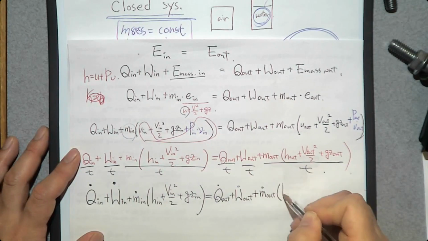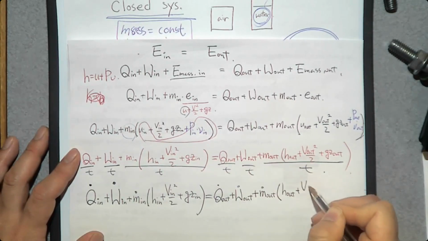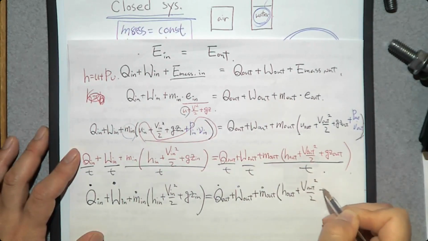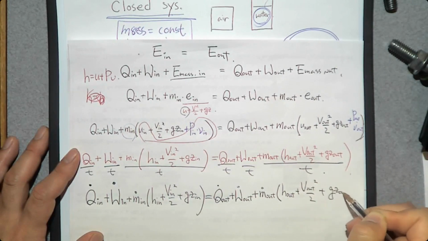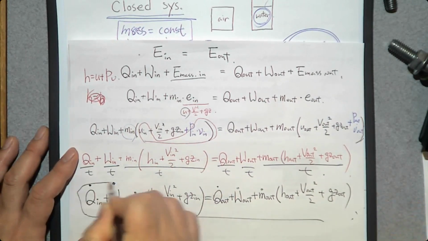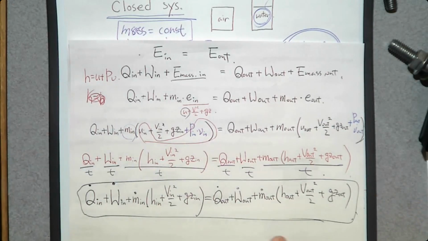This mass has enthalpy, kinetic energy, and potential energy. And this is the energy balance equation you are going to use in chapter 4 for steady state open systems. Write it down on your formula sheet because you will use this every time you solve any open system problems.